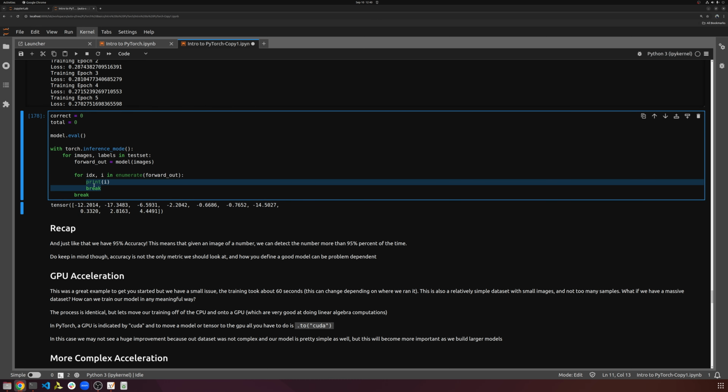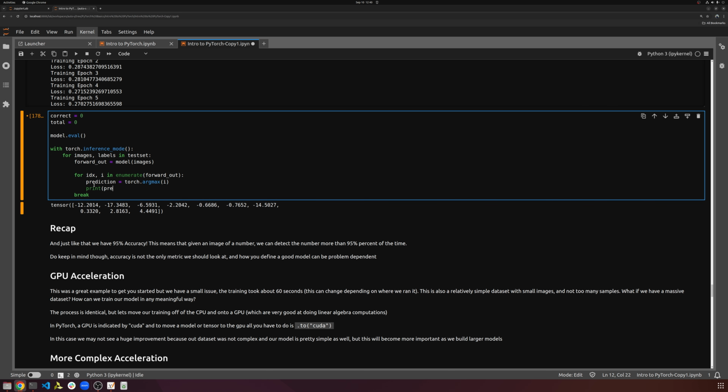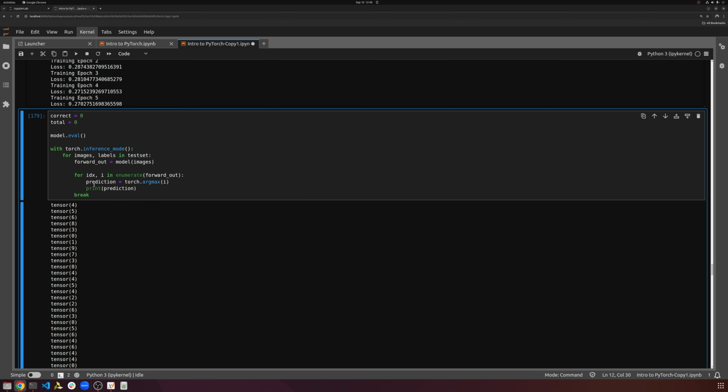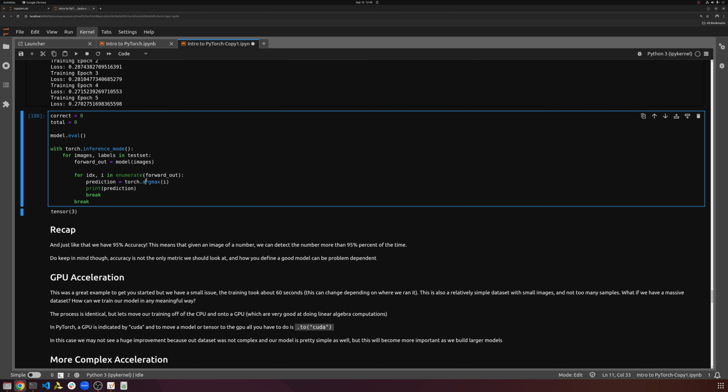So we're going to do prediction is equal to, not np.argmax, but torch.argmax of i. Right? This is what I predicted. Oh, don't want to do it for all of them. Throw a break in there. This is what I predicted, whatever it may be. Okay, yeah, this is what we predicted.